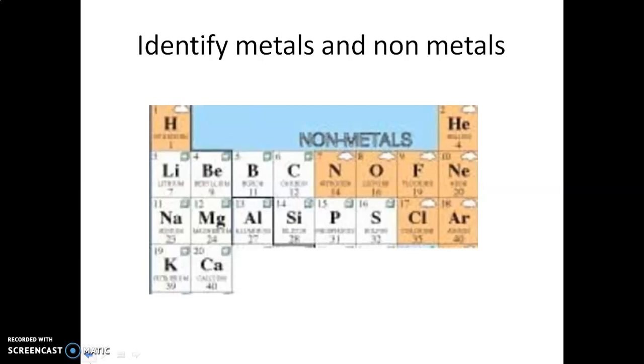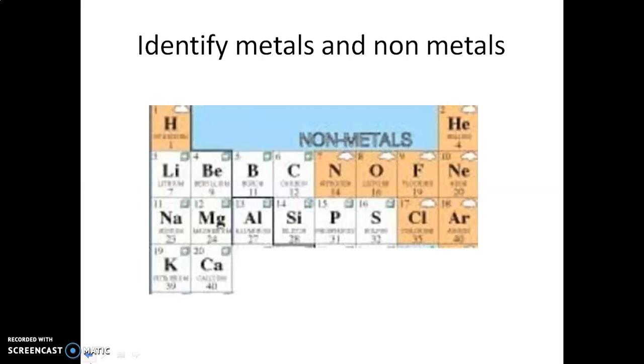Okay, you may have heard about neon gases in the bulbs that we use, and helium, which we studied in non-metals, you remember, where the balloons are made up of helium. So that is the uses of these non-metals.